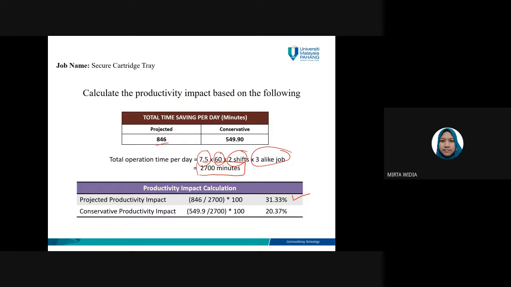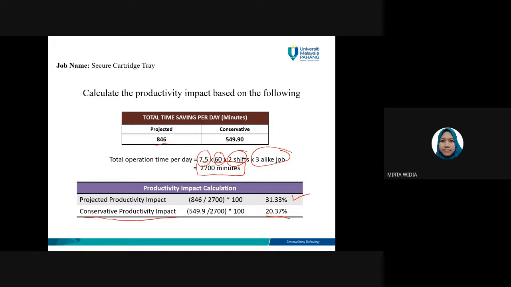Okay. Kalau konservatif hanyalah 20.37% saja productivity impact dia. So ada dalam 11% bezanya antara projected way dengan conservative way. So 11% tu tinggi kan untuk productivity.